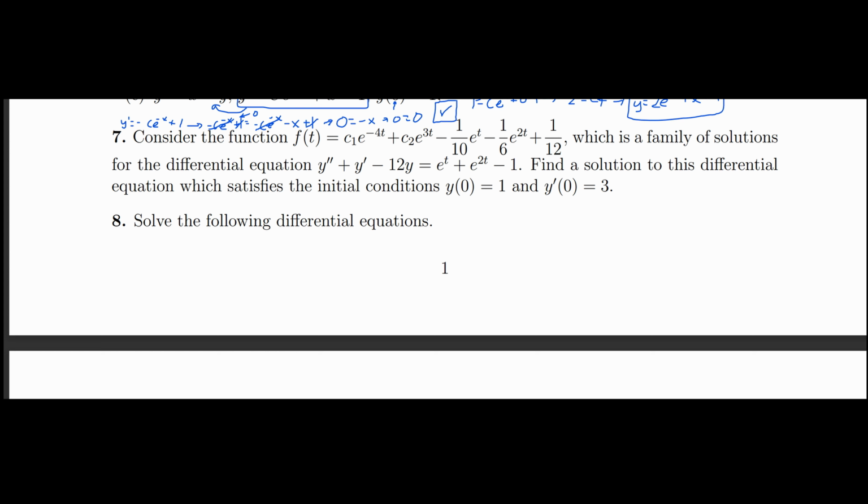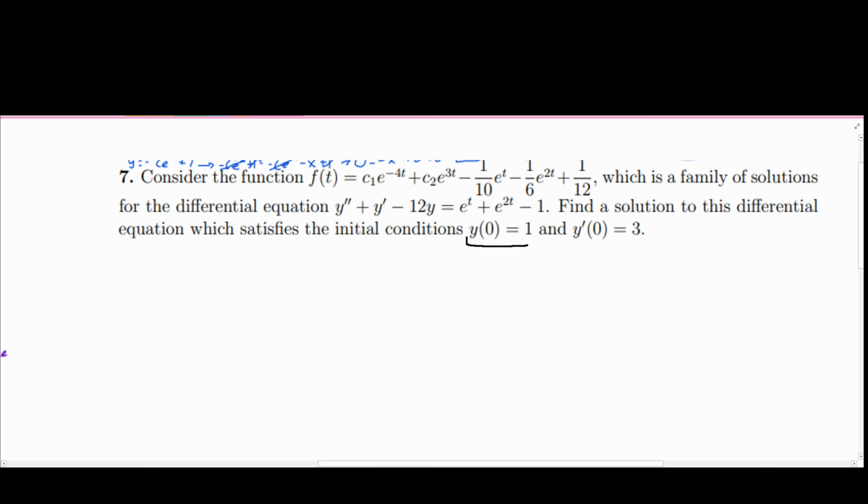Find a solution to this differential equation which satisfies the initial conditions y of 0 is equal to 1, and y prime of 0 is equal to 1. We're going to use this part and this part first together. So t is 0. What we can do with this is plug this into this equation.